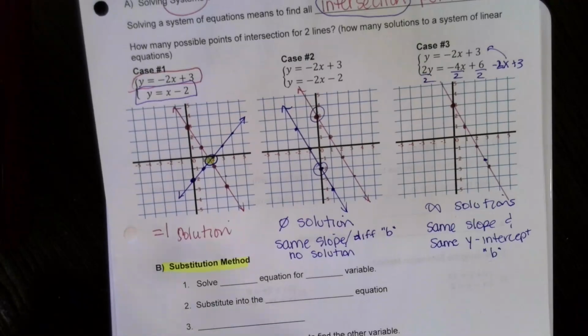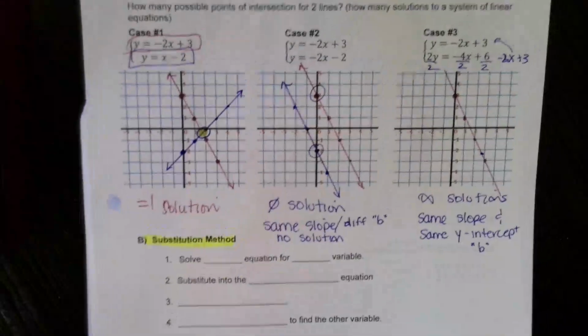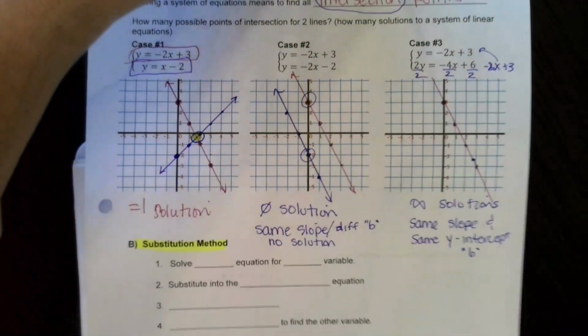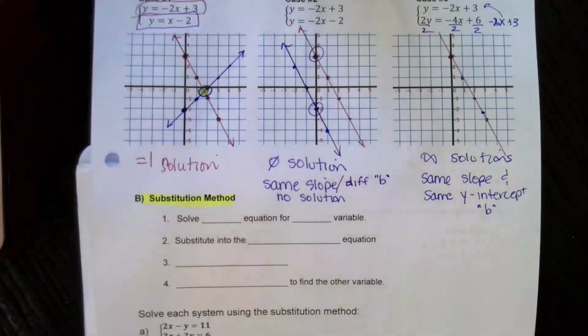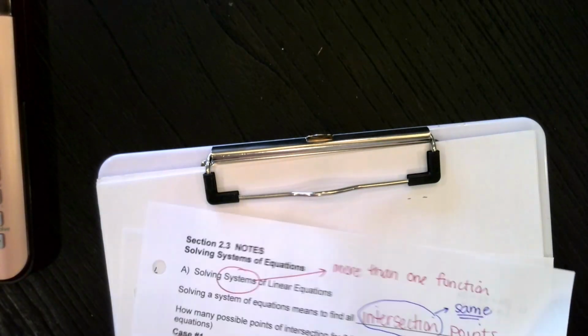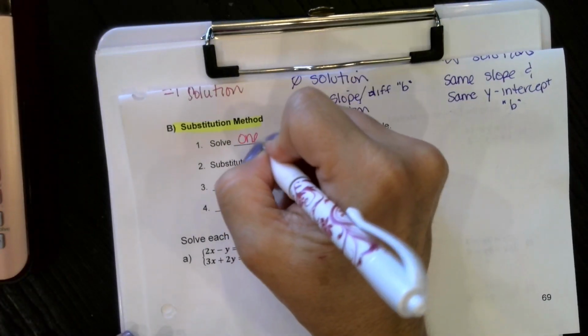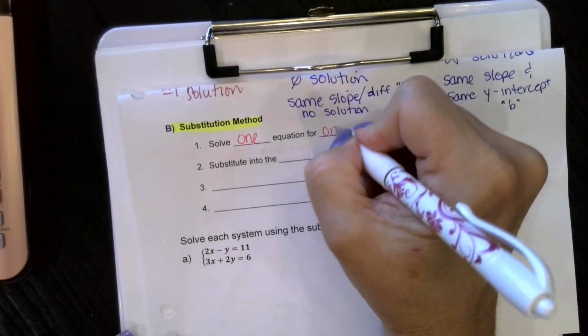All right? So some strategies when we have the substitution method: first we're going to solve one equation for one variable.